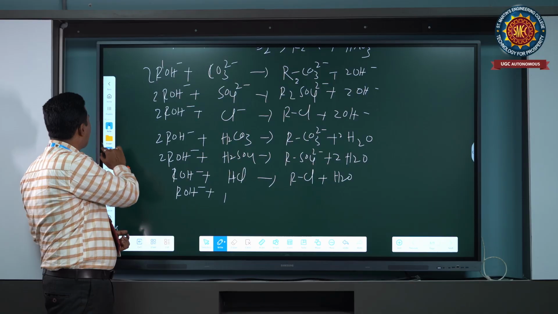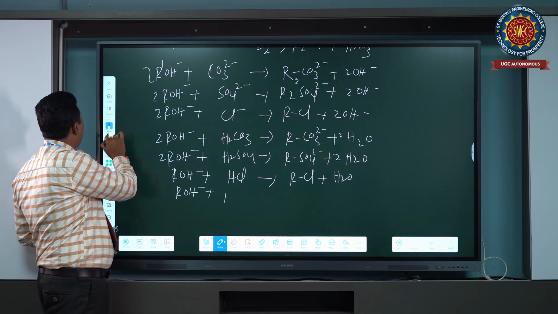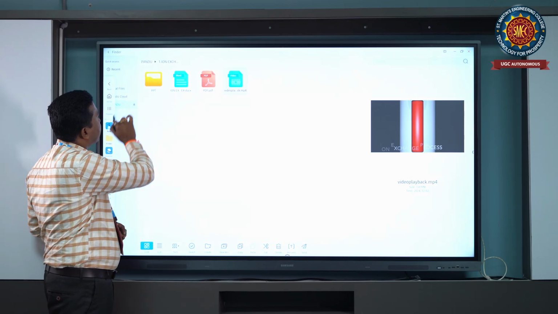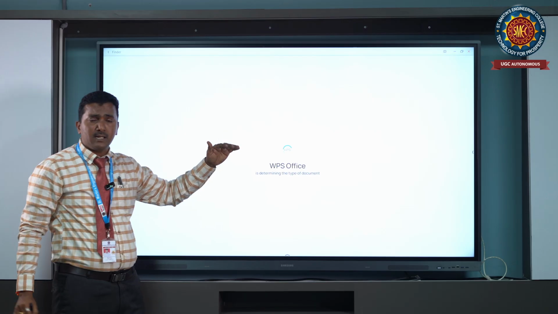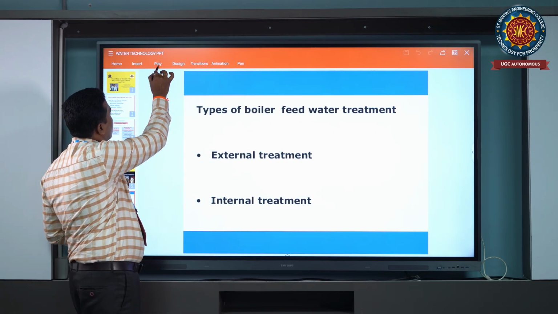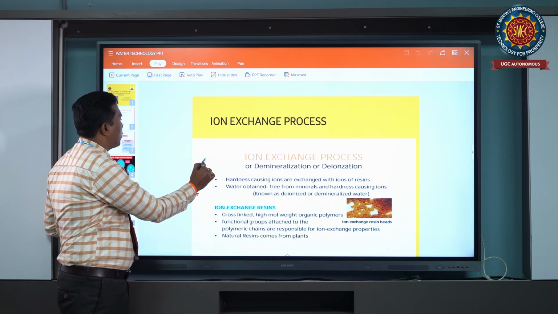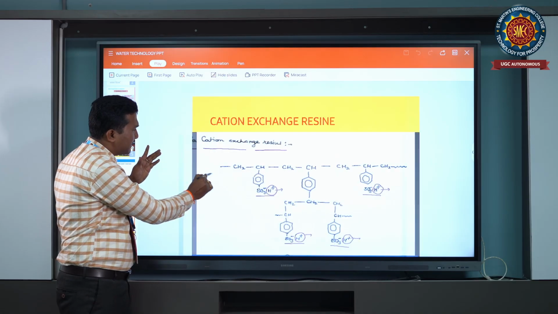These are the processes going on. They are activated again, and entirely you have to remove the hardness causing salts. These are the processes going on in the ion exchange process.